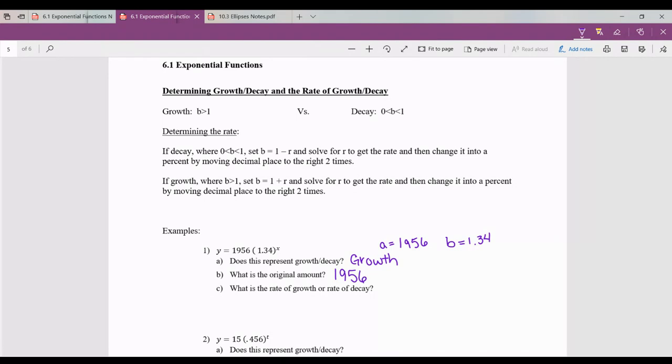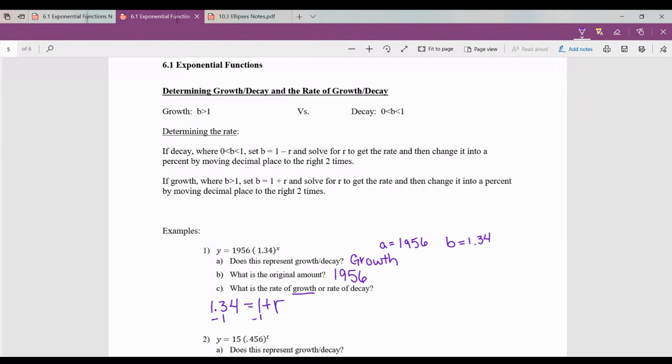What is the rate of growth? So because it's growth, we want to find what r is. So we would normally do 1 plus r, and then we would get what our b is. So because it's growth, we do 1 plus r, and we're going to set that equal to our b, which is 1.34. All right, so now we want to solve for r, so we're going to minus 1.